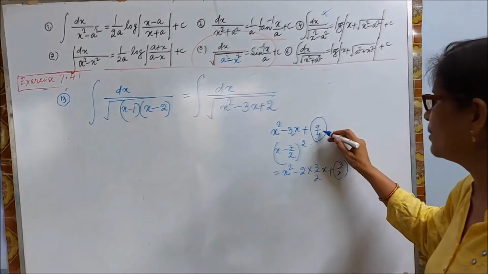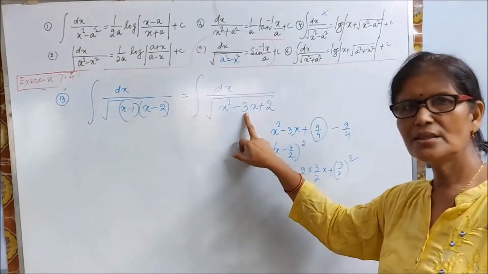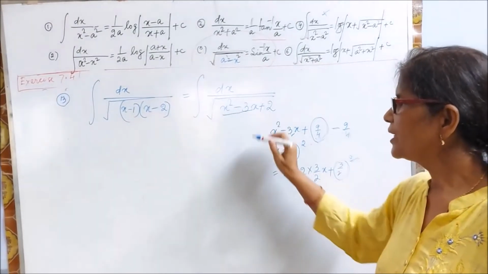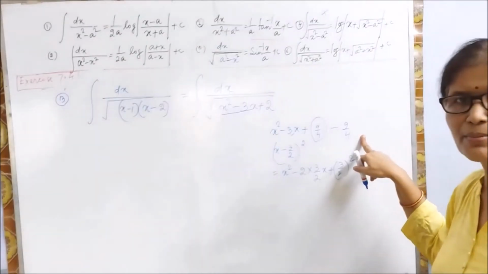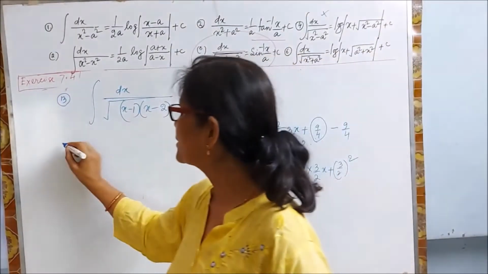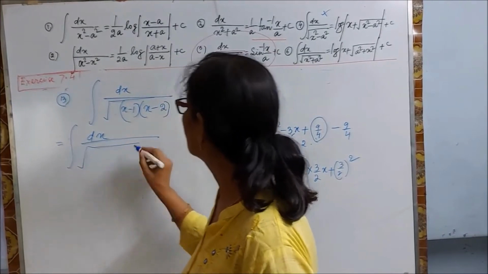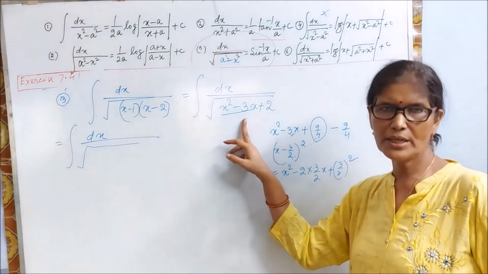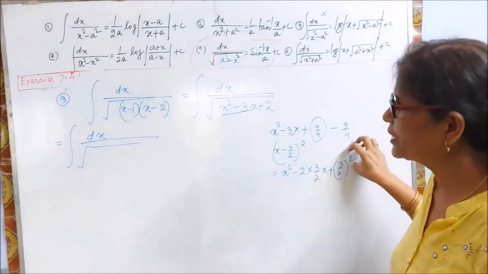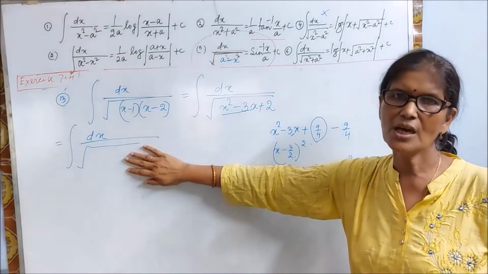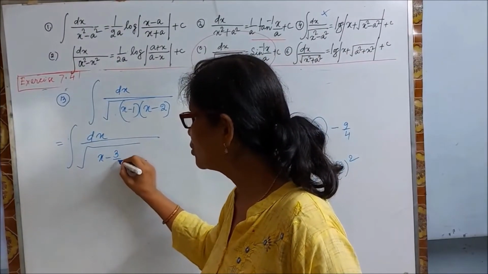So when I am adding 9 by 4, I have to subtract 9 by 4. In this particular question, I'll mentally add 9 by 4 and mentally subtract 9 by 4. So let us write the steps now. dx by under root: whatever is there, make it half, and that square you are adding here, you are subtracting here. I am writing the answer directly: x minus 3 by 2 whole square.